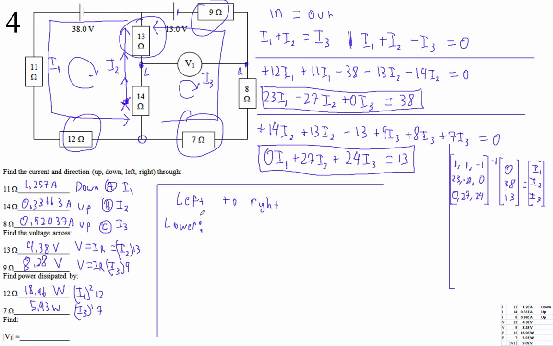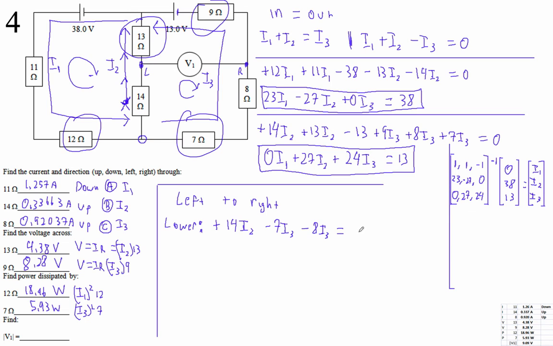Notice for my lower route, I'm going to go upstream through the 14, downstream through the 7, downstream through the 8. So it's going to be plus 14 I2, which is this guy, and then minus 7 I3, minus 8 I3.